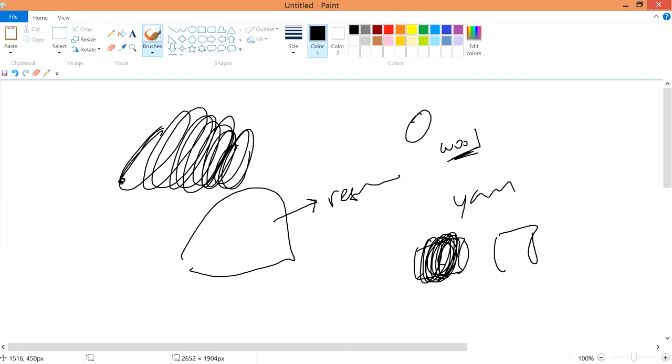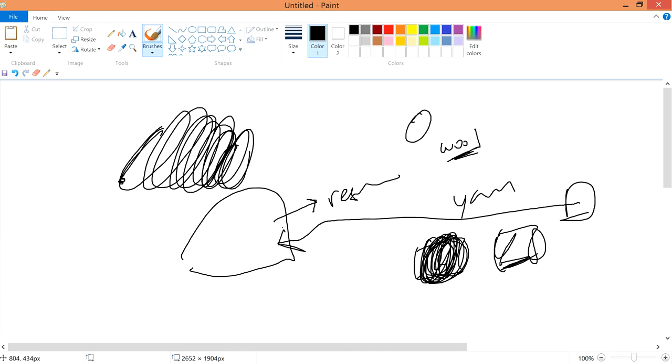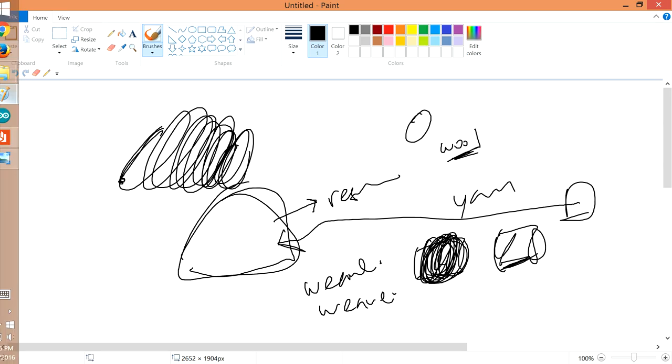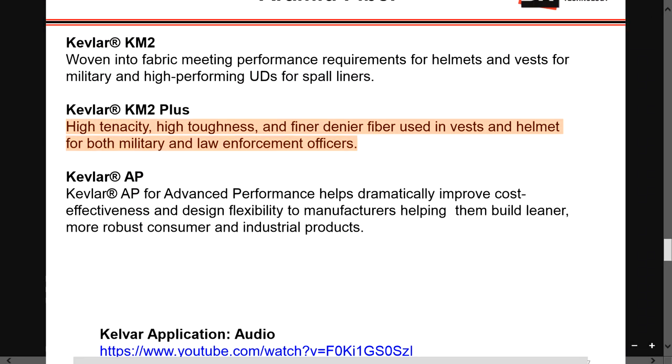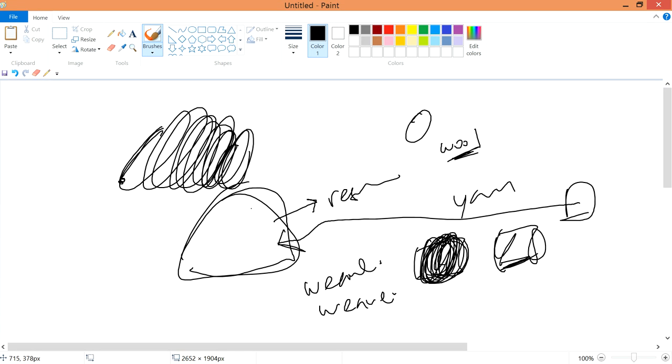Because it's very small, you're taking a lot of this type of yarn and mixing and weaving them together to make this helmet. So the finer it is, the better it is, the stronger it is. So I think this is very strong, very tough, and can tank a lot of stress, impact, or whatever. Alright, and that's the Kevlar section.